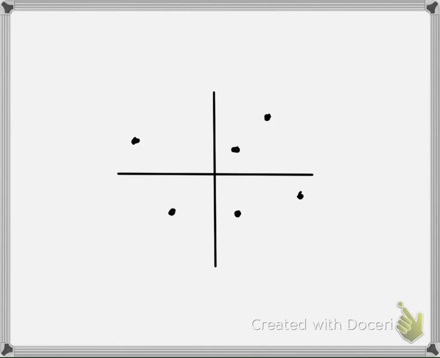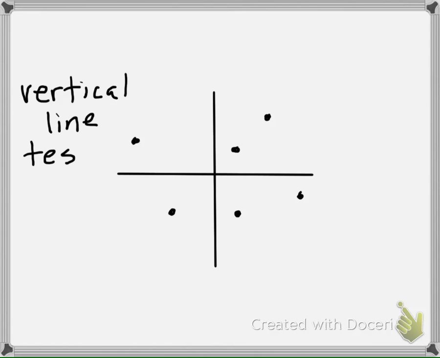Okay, now the last way you will see a relationship is on a graph. Now the graph could be just a bunch of points, it could be a line, a curve, doesn't matter. Okay? But we test a graph by using the vertical line test. Now, why is a vertical line important? Well, as you notice, these 2 points are right above each other.